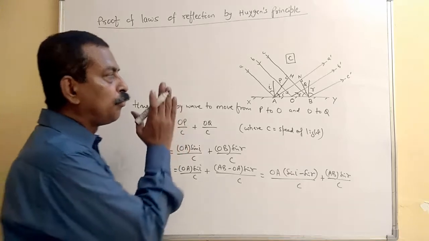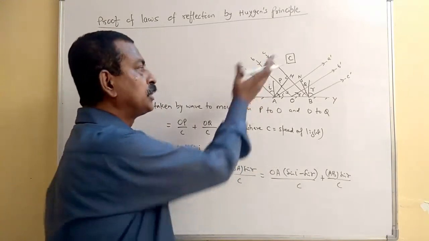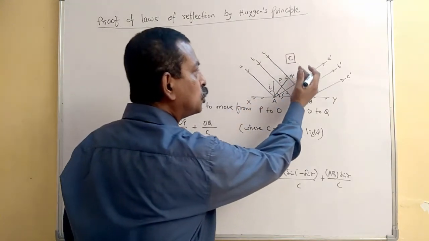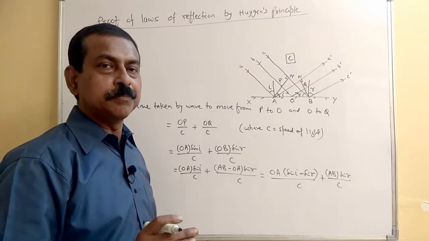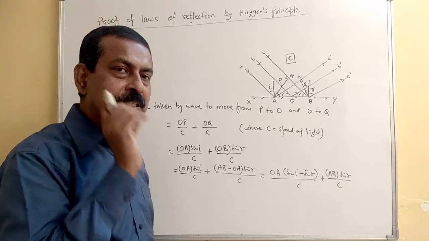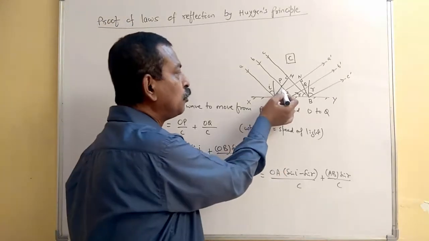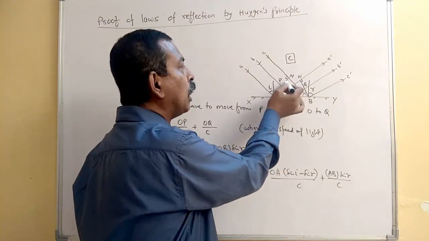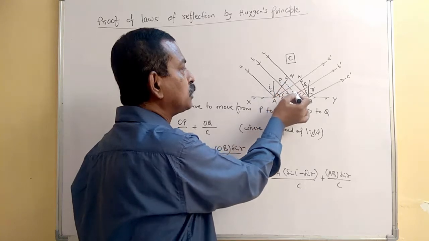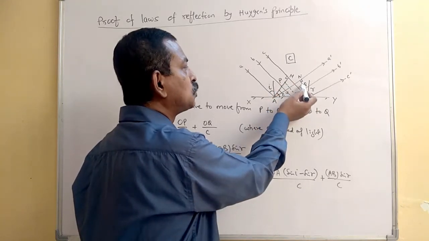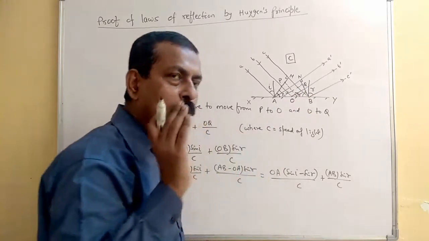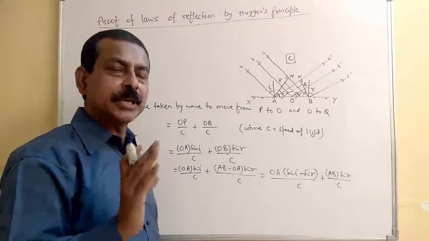Remember, for all waves which are moving from incident wavefront to reflected wavefront, the time taken will be same. And if it is same for all waves, whether it is moving from point P to O, or suppose there is another one which is moving like this to this point, or someone going like this to this, for all waves the time taken will be same.